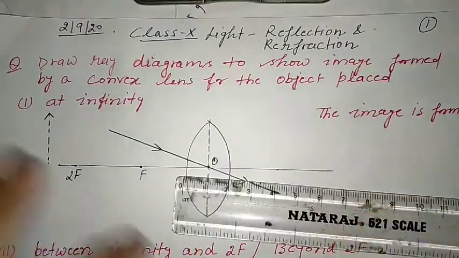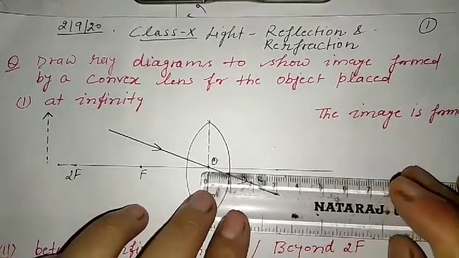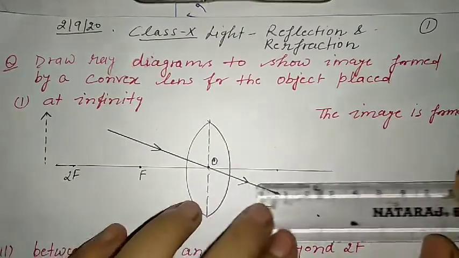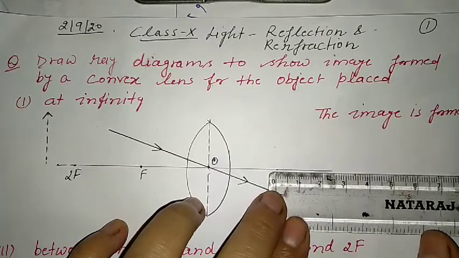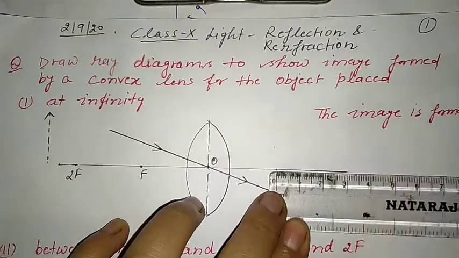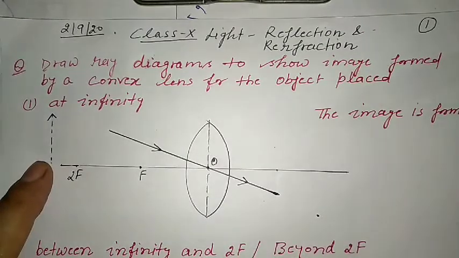Here, this side also, because it has 2 foci and 2 radii. So this is 3 and one more is there, that is also 3. This is 2F.